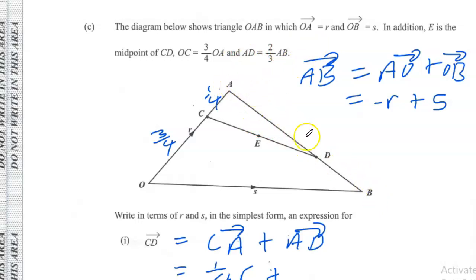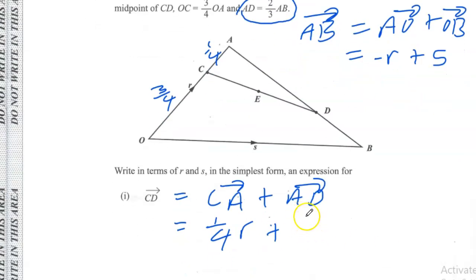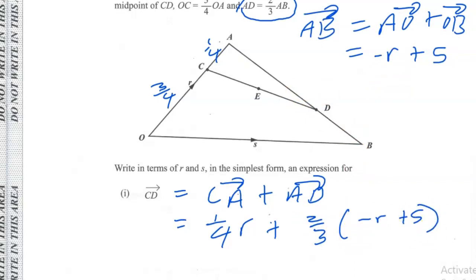Now AD, we are told, is 2/3 of AB, and AB here was negative R plus S. Let's try and simplify.